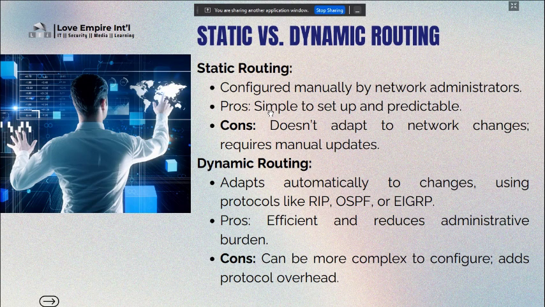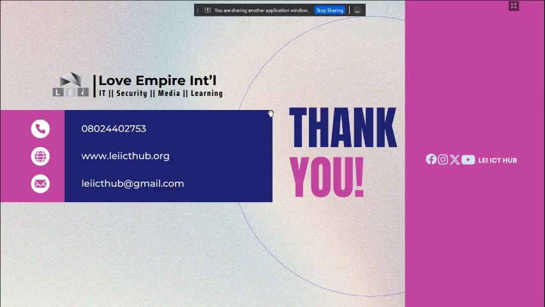The advantage of static routing is that it is simple to set up and it is predictable. Meanwhile, the advantage of dynamic routing is that it is efficient and reduces administrative burden. The disadvantage of dynamic routing is that it is more complex to configure.